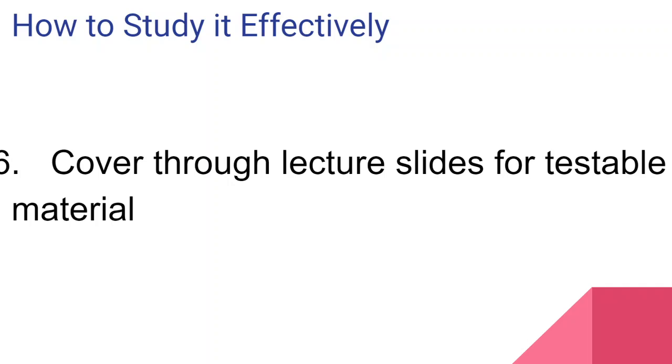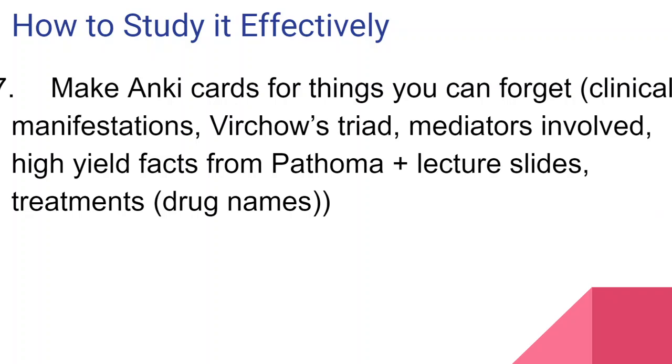Now, I would cover lecture slides for any testable material. I did attend a lot of my pathology lectures because I found them really useful, so it depends on how your uni does it and how effective those slides are for you. Now, I would make Anki cards for anything I could forget, which in pathology there's a lot. So clinical manifestations of diseases, the triads, the mediators that are involved, particularly let's say in asthma, high yield facts.